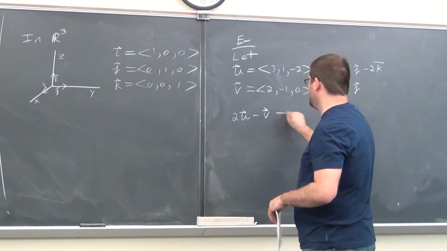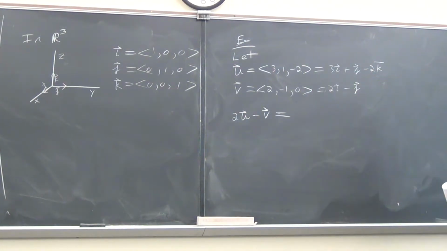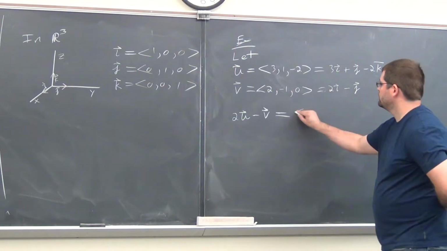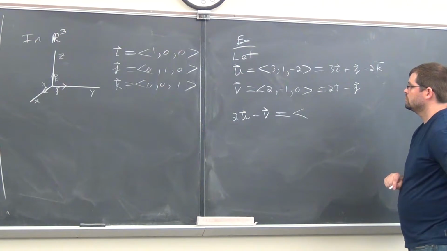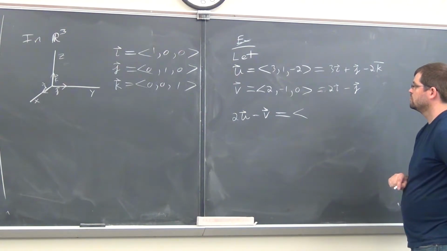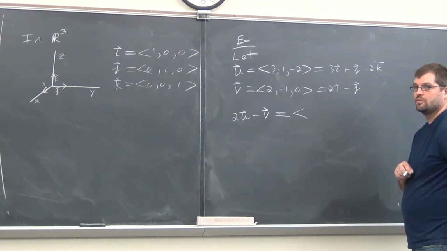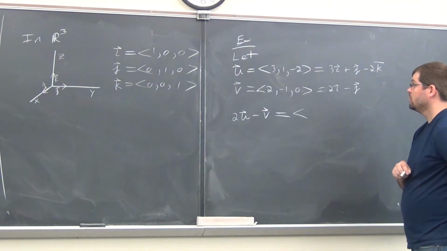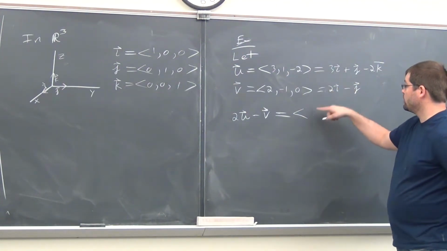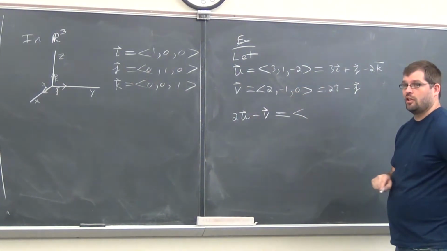Okay? So with this in mind, what is 2u minus v equal to? Just take your time and write it out. You can write it in terms of i, j, and k. I'm just going to do it in this other form.